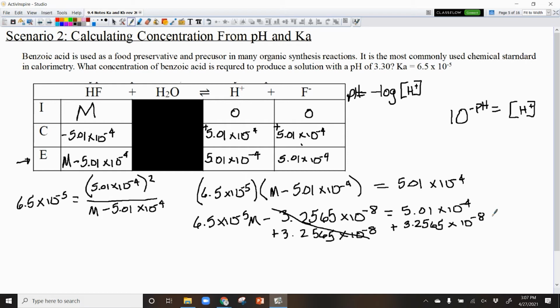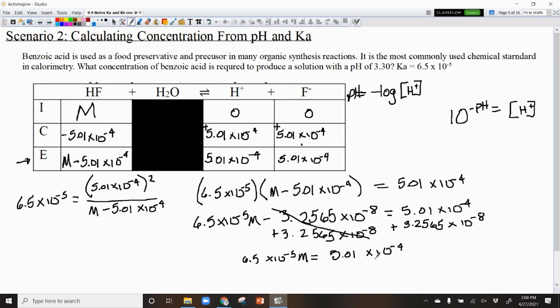So 5.01 times 10 to the negative 4th plus 3.2565 times 10 to the negative 8 is, let's do 6.5 times 10 to the negative 5th m on this side. This is going to be equal to, oh, that's m, right? 5.01 times 10 to the negative 4th. Because this is such a small number, 10 to the negative 8th, it didn't affect this number any when you add them together.